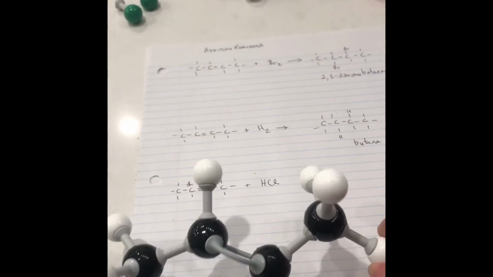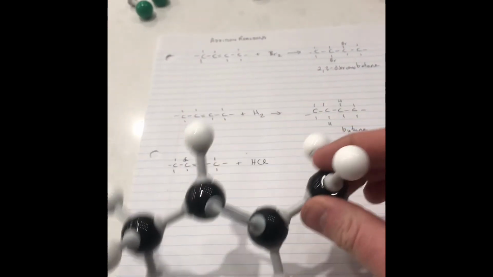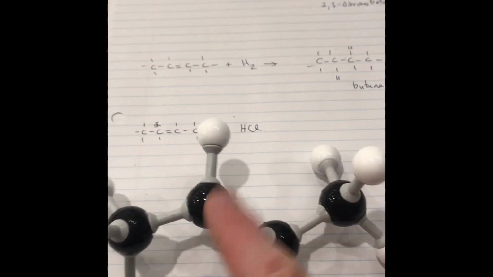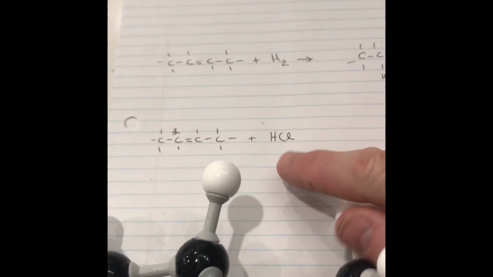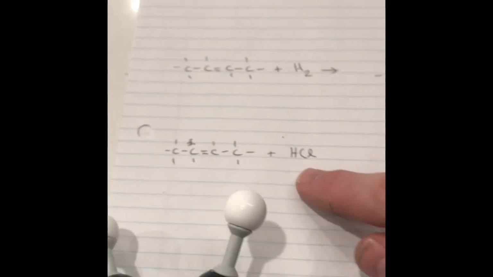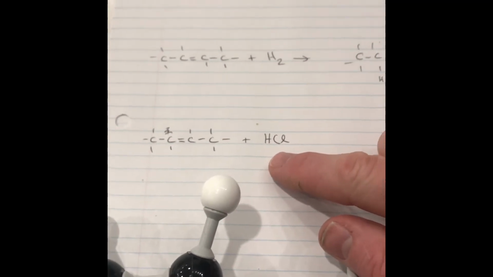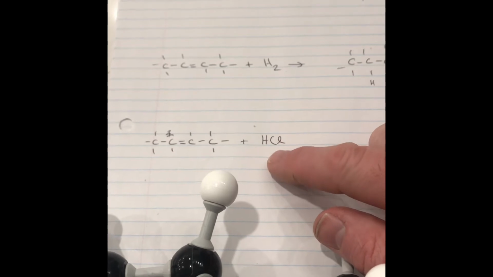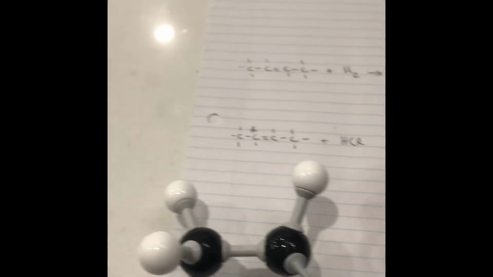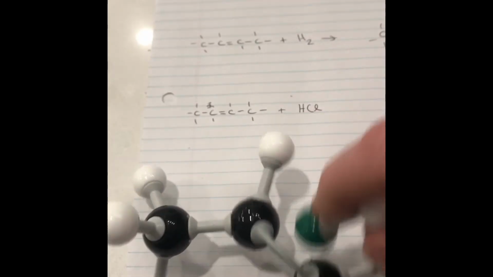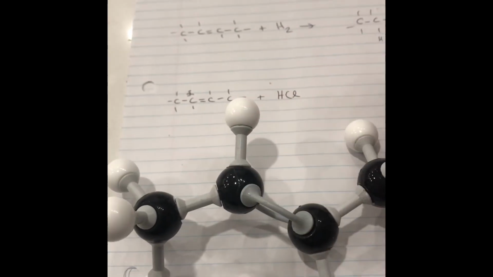So as promised, I've put in all the hydrogen atoms to fill up the bonds. You can see our double bond. The third scenario we're looking at is adding an acid, hydrogen halide. So in this case, it's hydrochloric acid. It, much like the other molecules we looked at, will attack this double bond.